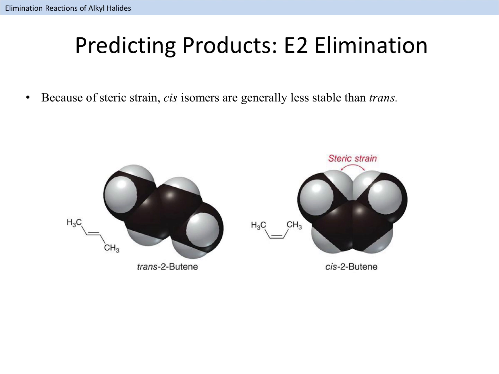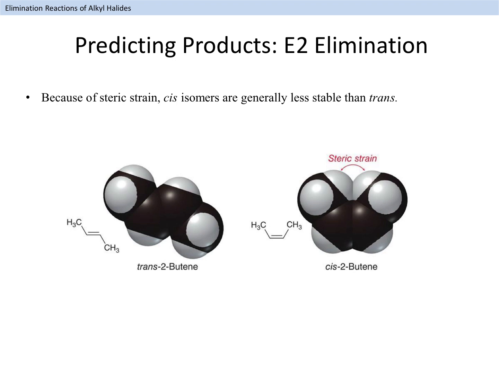To summarize, E2 eliminations will favor the formation of the more stable alkene product, when more than one is possible. The selectivity of the reaction for the formation of the more substituted alkene is referred to as Zaitsev's rule. Using this idea, that these reactions show regioselectivity for the more substituted alkene, we can predict the location for the new pi bond in the structures of our products.